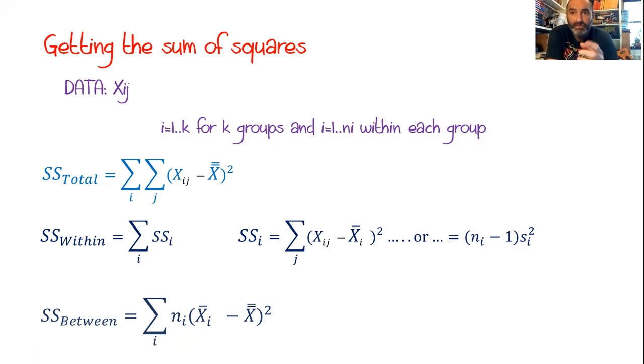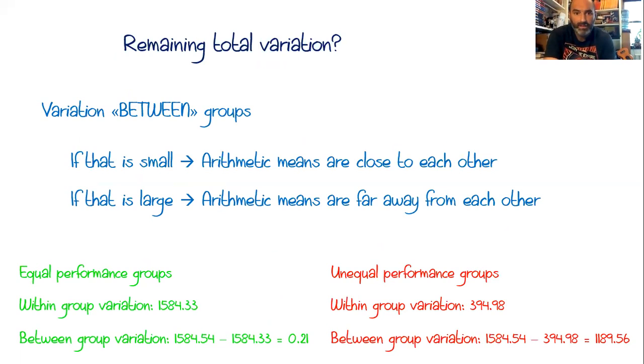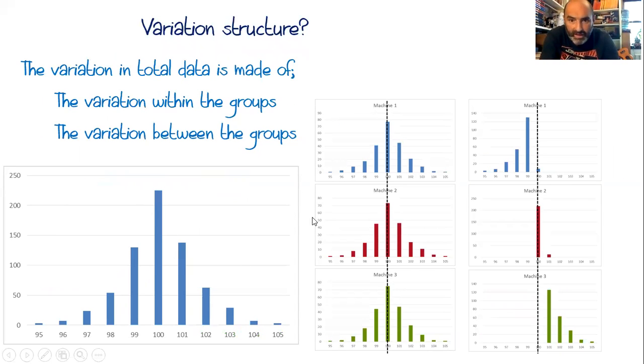How do you find between variation? You do this. You take your sample one, machine one data, replace every element in that small sample with that machine's arithmetic mean. Let's go back.